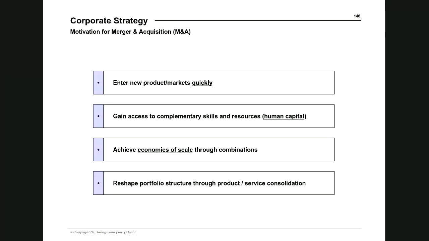Cost reduction and increasing revenue. No matter what, we business problem solvers are looking for increasing revenue and decreasing cost at the same time. That's what we are doing.